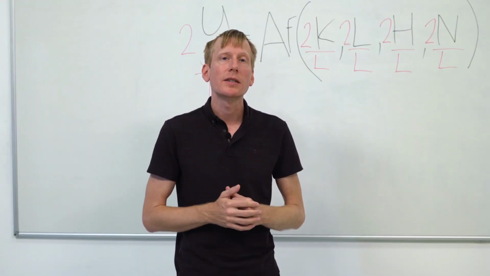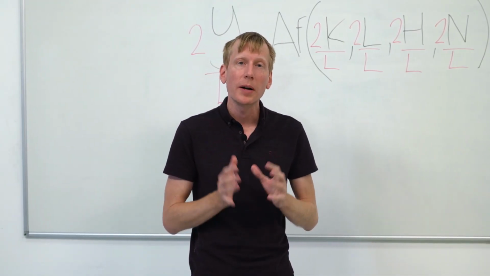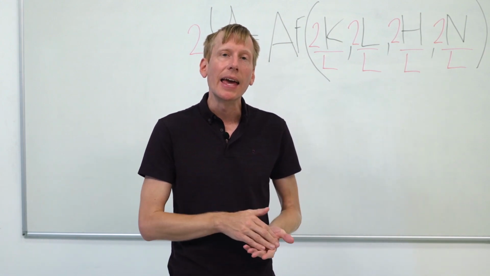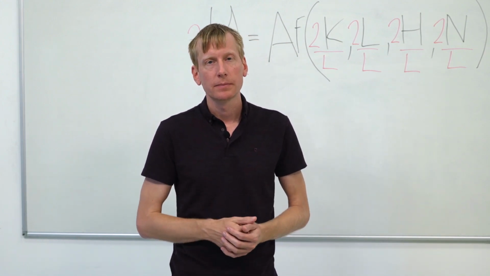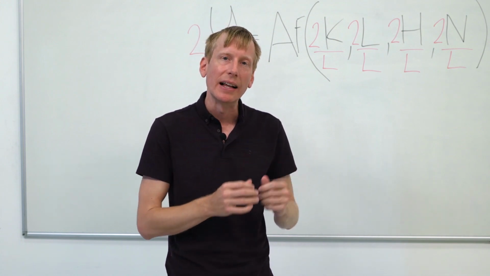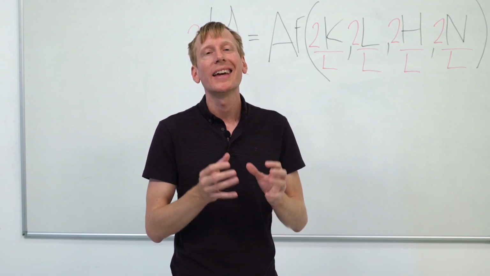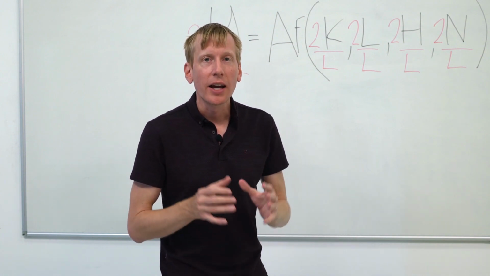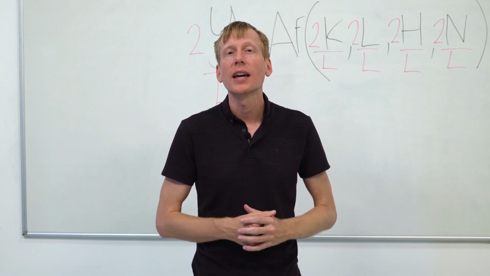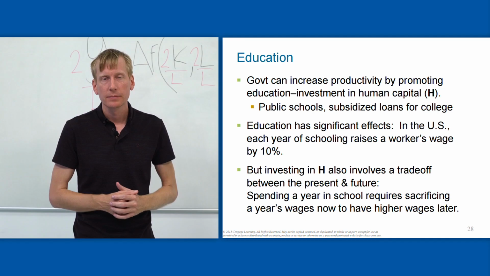Next, a government that wants to encourage economic growth by making workers more productive can target not K, but H. We could increase worker productivity by increasing K over L or by increasing H over L. And we generally try to target H over L through education programs.